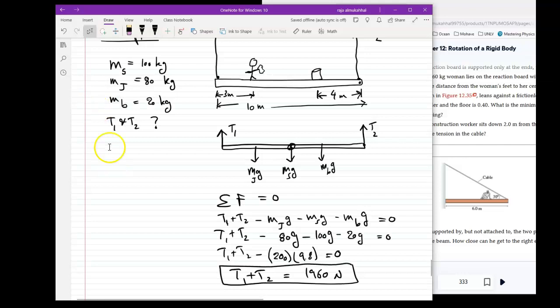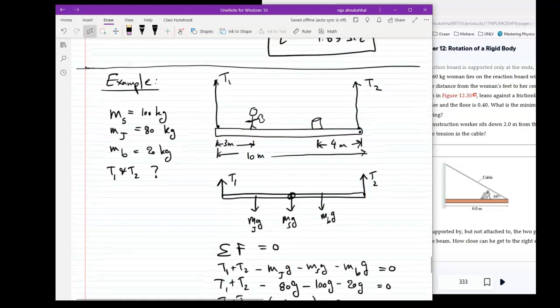But he's asking me what is T1 and T2. I know the total is 1,960, but I don't know how much is T2 and how much is T1. I don't know which one is larger than the other. They're not necessarily equal, because the system here is not symmetric. You see what I'm saying?